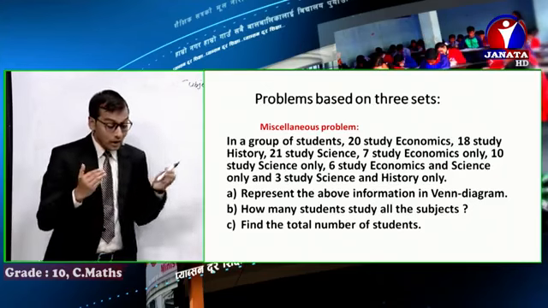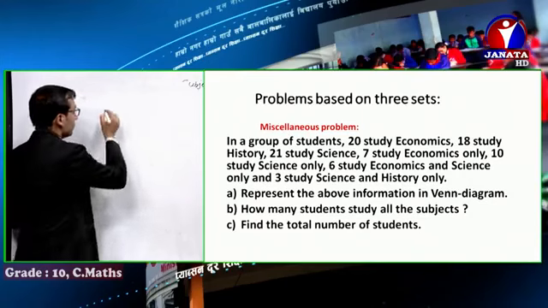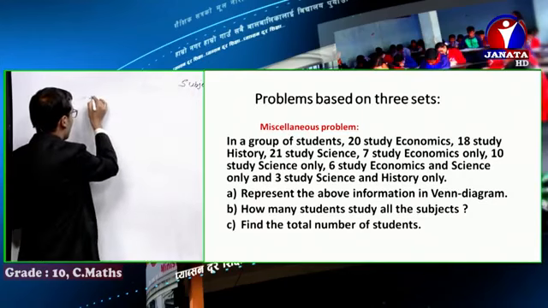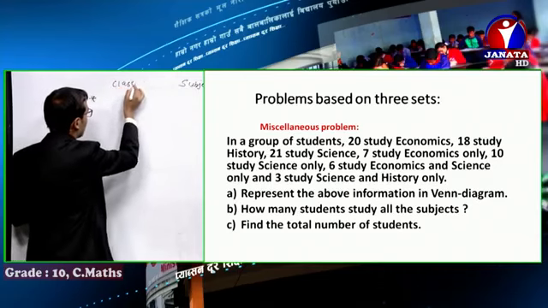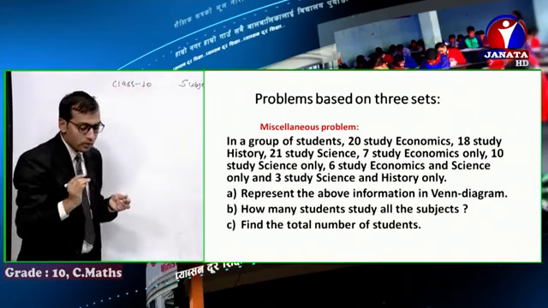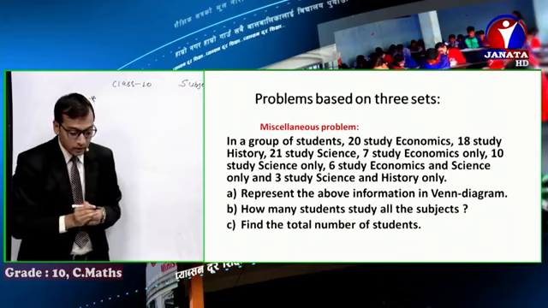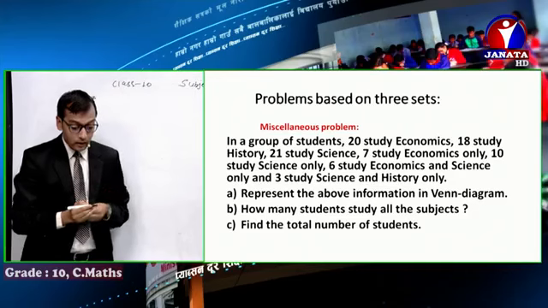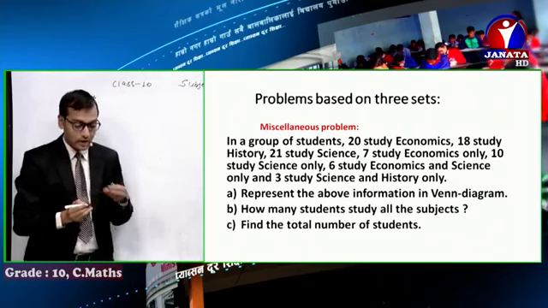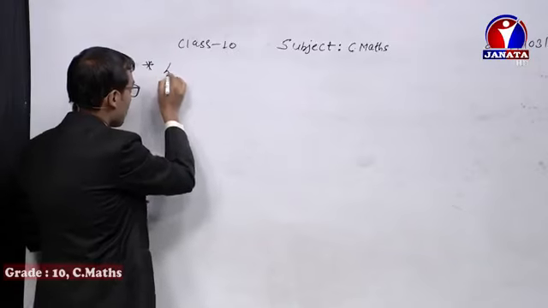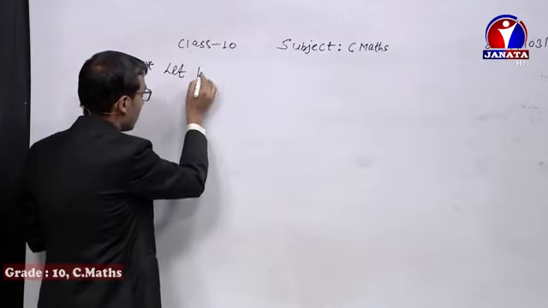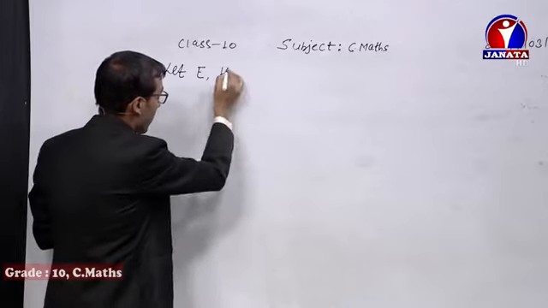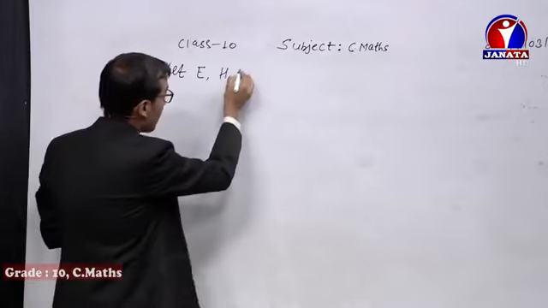So let's write now. Let's write the information which is given in the question. Before that, we suppose the different subjects. Here the different subjects are economics, history and science. So let the first be economics. What is the second subject mentioned? History H, and the third is science.